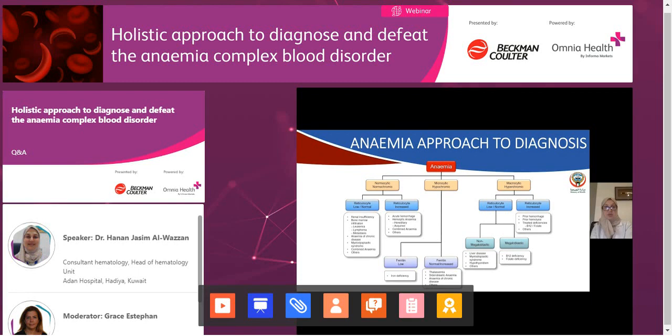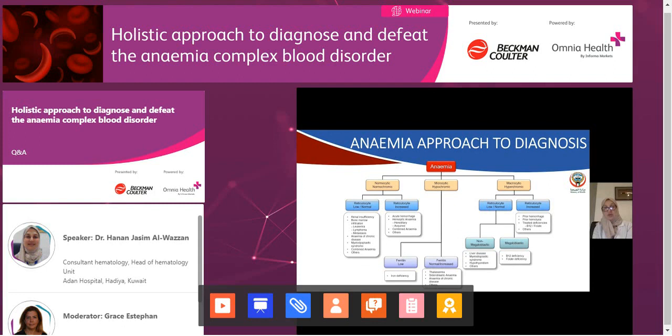If it is normocytic normochromic anemia with increased reticulocyte count, it could be acute hemorrhage, hemolytic anemias, or combined anemias. If it is macrocytic anemia with high reticulocyte count, it can be due to hemorrhage, partially treated megaloblastic anemia, or hemolysis.